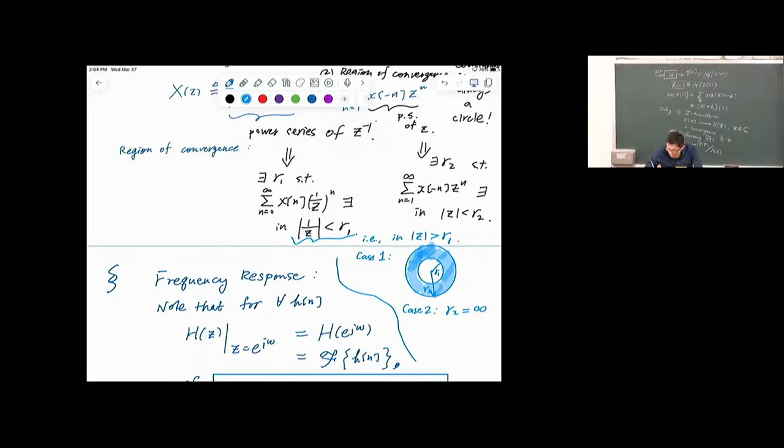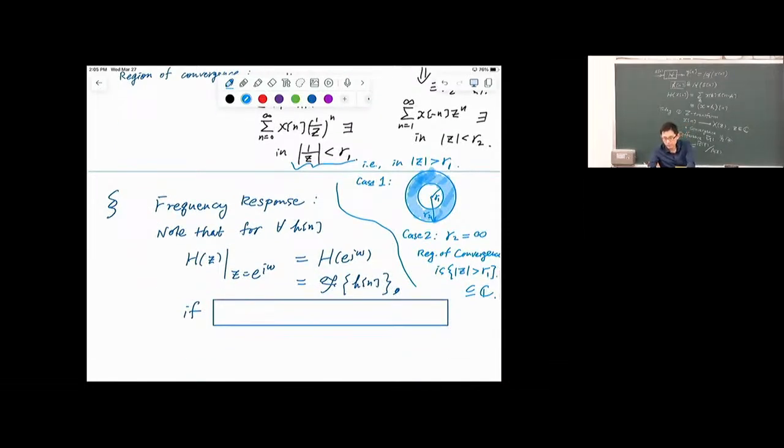Then in that case, the region of convergence is simply outside the first circle. And we say this is a region, a subset contained in the entire complex plane, a subregion of the entire complex plane. That's case number 2.